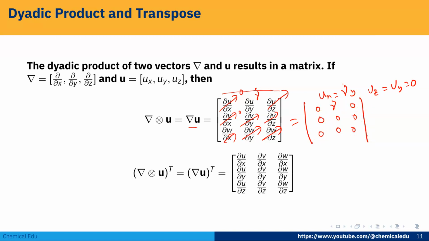Sorry, this is the nabla u. Now the transpose: only this will be gamma dot and the rest of the terms will be 0. So ultimately you have 0 0 0, gamma dot 0 0, 0 0 0.